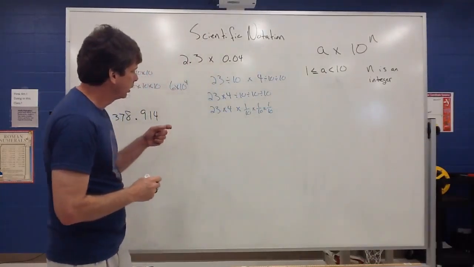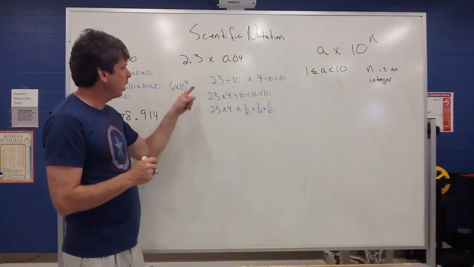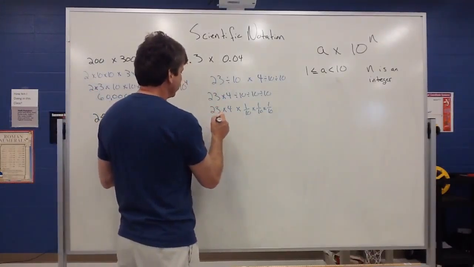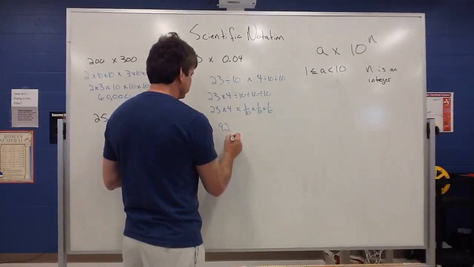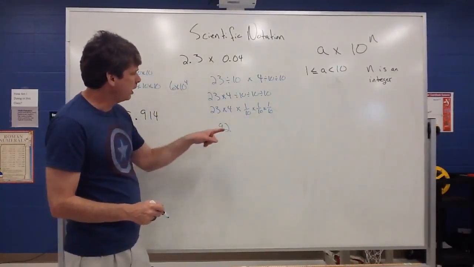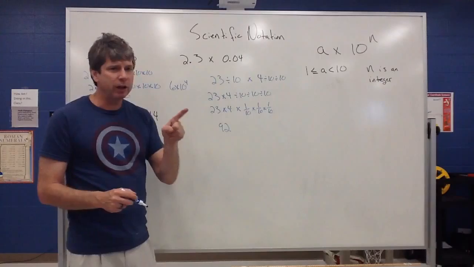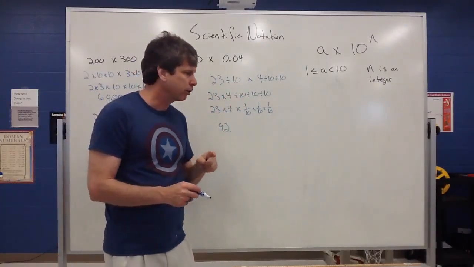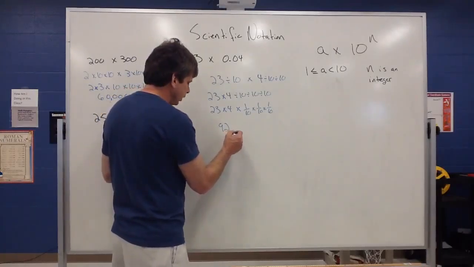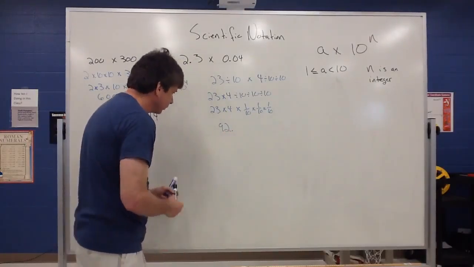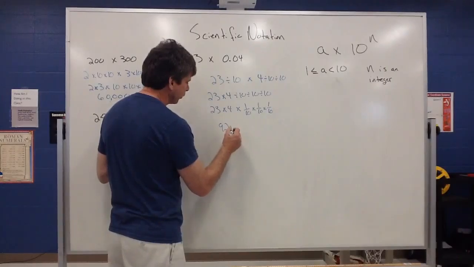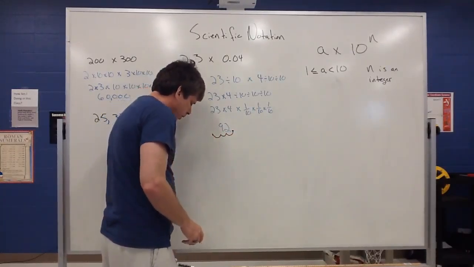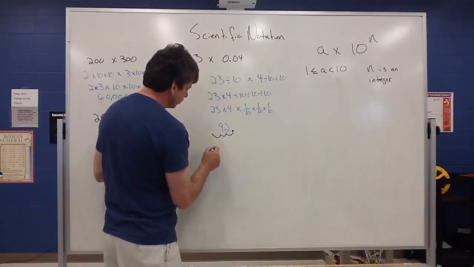So we learned that to do this math, all you really got to do is go 23 times 4. 23 times 4 would be 92. And then each time you multiply by 1/10, you lose your place value 3 times. So that means your decimal was here, it's now got to slide over 3 spots. 1, 2, 3.